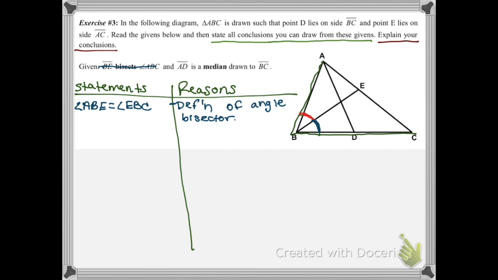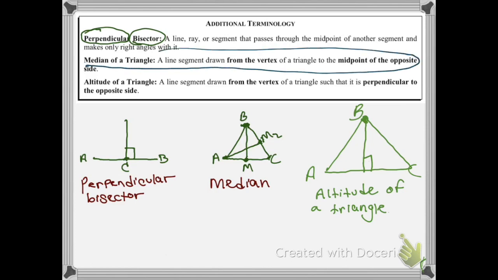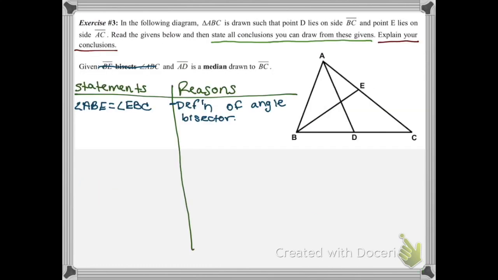All right, let's look at number 2 so we can cross this out. Number 2 says AD is the median drawn to BC. Recall what median was. You can go back and check what median was. So notice that the median of a triangle, right? It creates a midpoint. So it's drawn from the vertex to the midpoint. That means that we must have a midpoint somewhere.